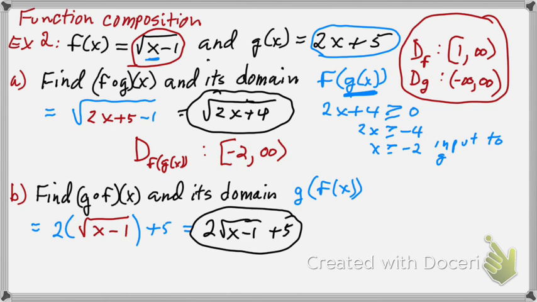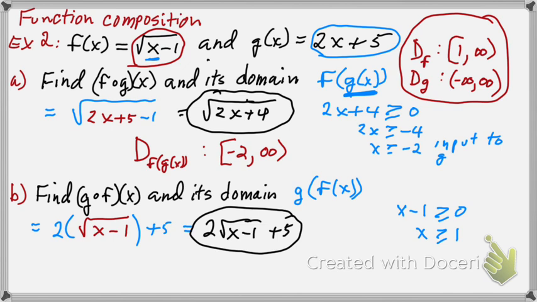What values of X? And so what I can do is say, all right, I'm going to do something similar to what we did up there above. Here I've got X minus 1 under the radical, so I know X minus 1 has to be at least as big as 0. Means X has to be at least as big as 1. If I sent a 1 to F, would I be okay? Yes, because I'd have a 0 under the radical.